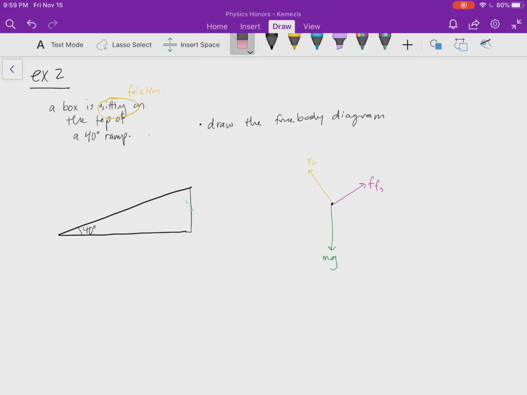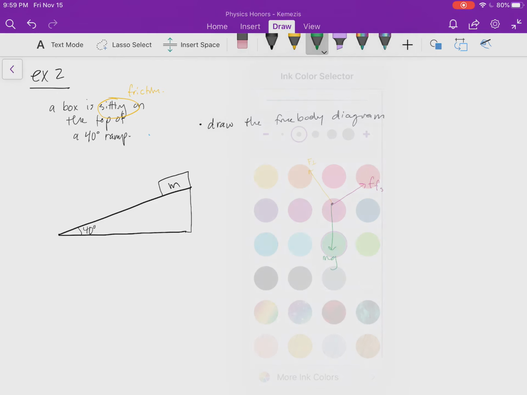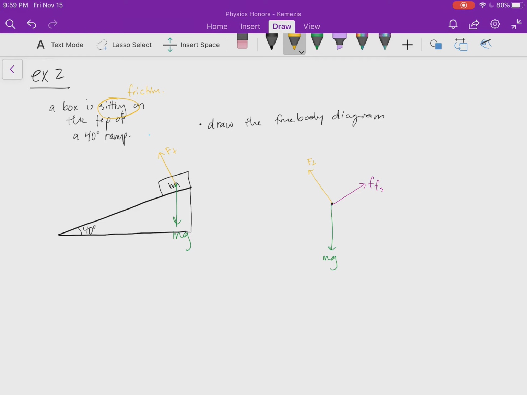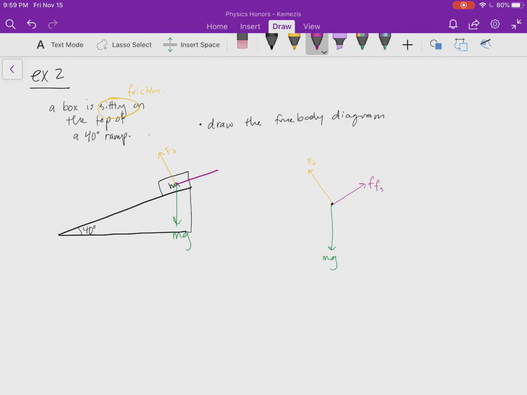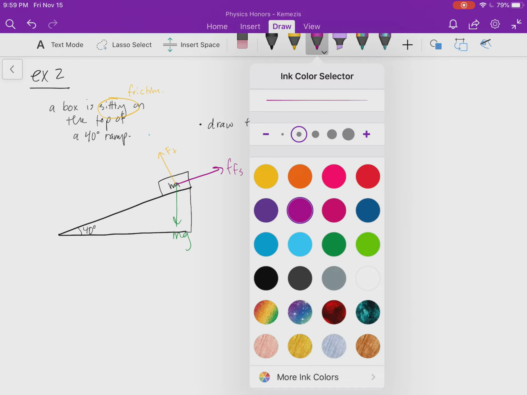Okay, so I just want to show you the difference, like why is it better to tilt our axis? So here's our mass. And we said here is mg going down. We have the normal force going perpendicular, and we have the force of friction going back this way.